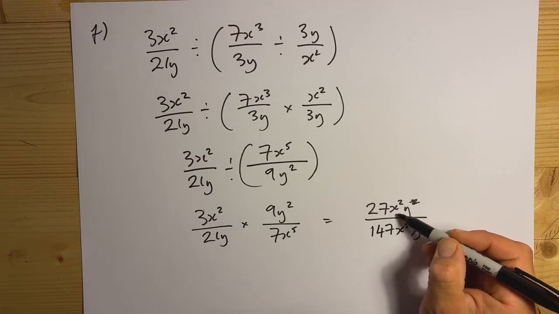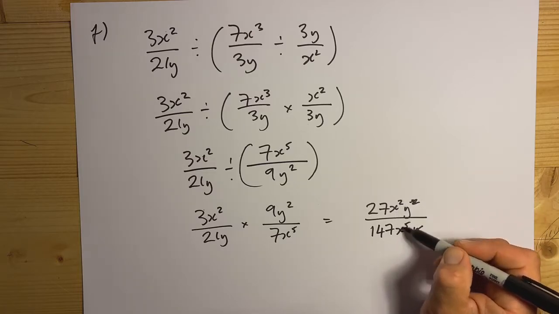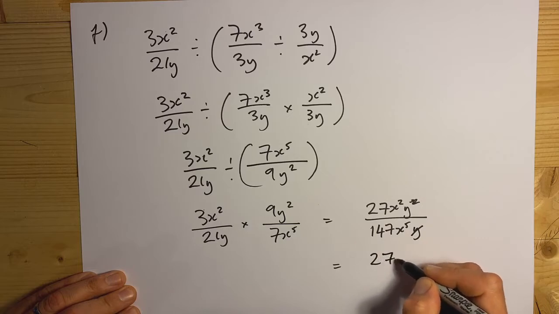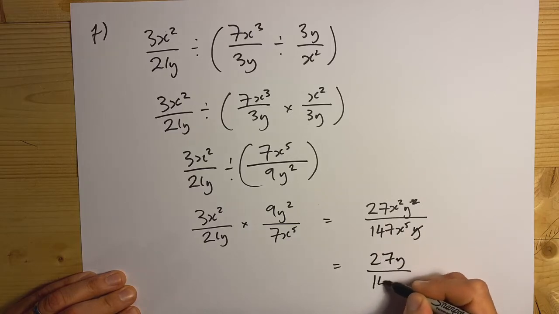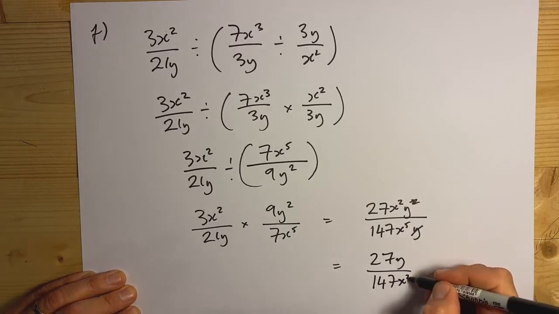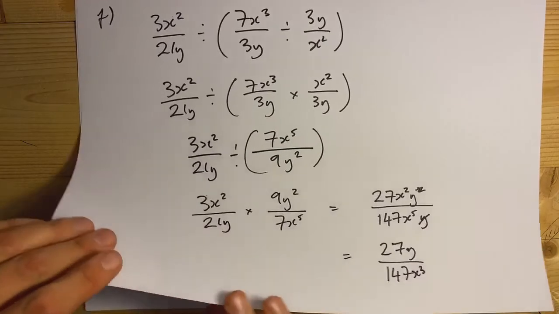So we could say that's x to the minus 3 or 1 over x cubed. So 2 of the x's up here cancel out 2 of the x's down here, leaving us 3. That's the other way to think about it. So then we have 27y over 147 x cubed. Okay, so that was question F.